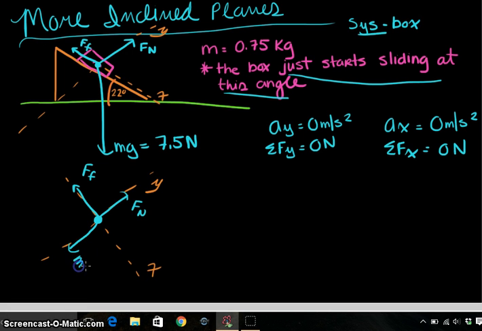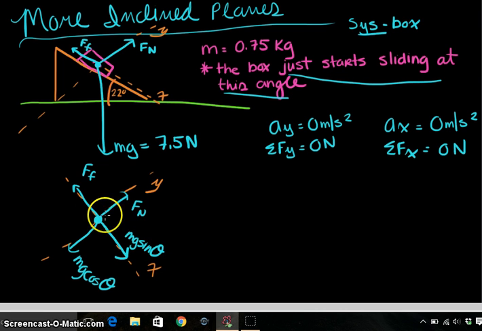And this y component of mg can be found as mg times the cosine of the angle of the incline. And the x component will be mg times the sine of the angle of the incline. So let's figure out what mg sine theta and what mg cosine theta really are.